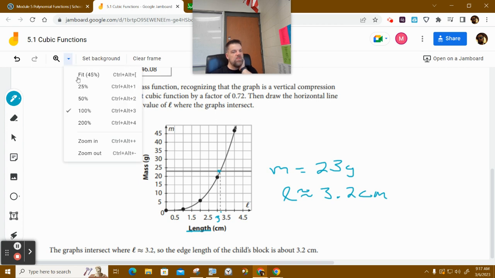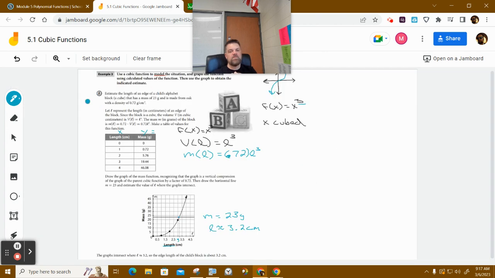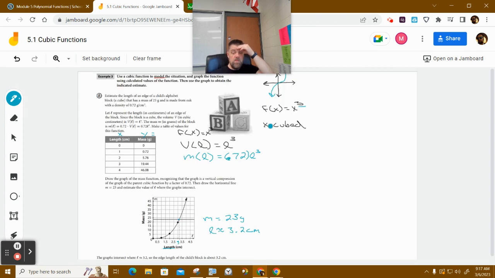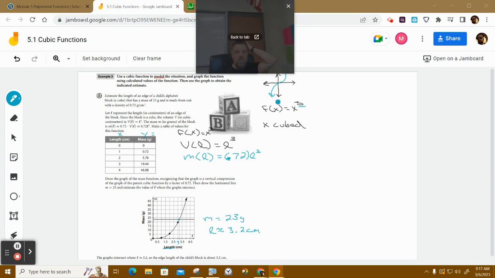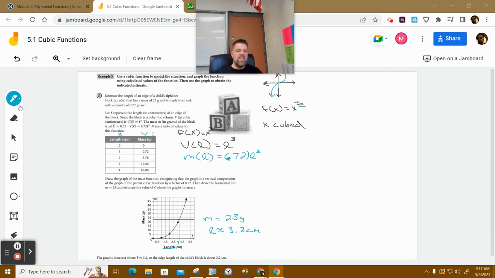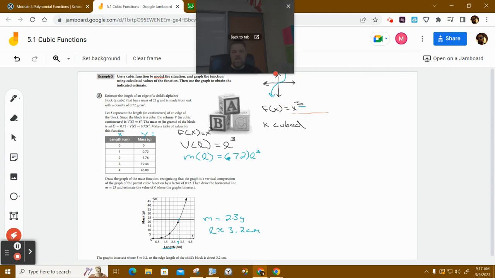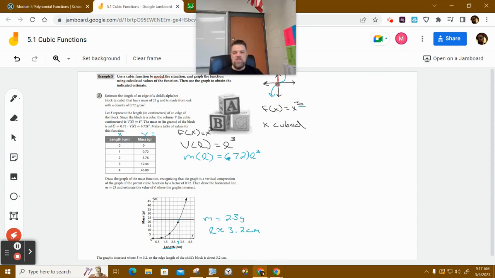Let me zoom out so you can see everything, and I'll recap. Essentially, by the way, this is just the first quadrant, right? If you look at my graph that I sketched out over here, this is f of x equals x cubed. What they've done is they've just taken this first quadrant of a cubic function.